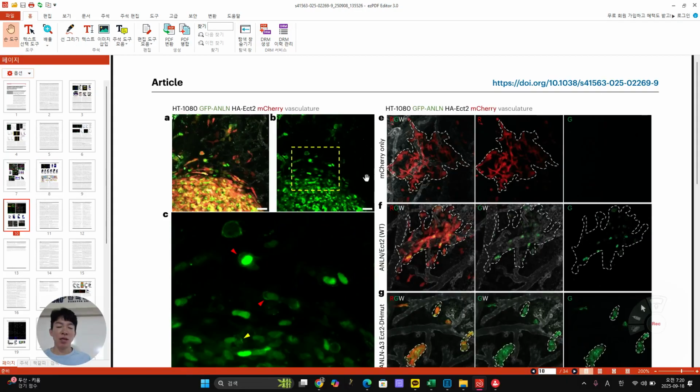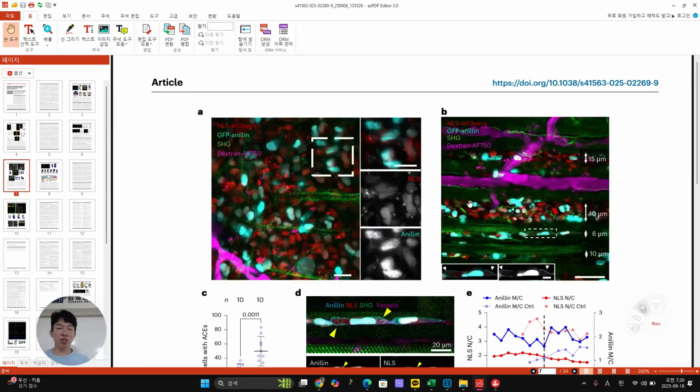Okay, and then the last figure. Here they show they are adding their cancer cell, fibrosarcoma cancer cell, in nude mouse skin. And then they analyze how this cancer cell can be confined in skin area naturally, right?